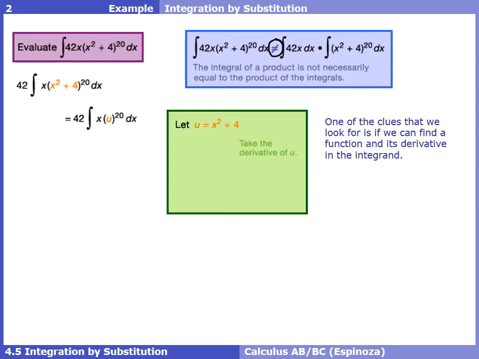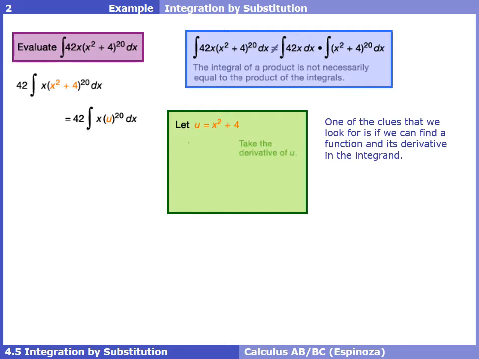So we have a dilemma. The dilemma is right now we're taking the derivative with respect to x, and we have x's and u's here, which is no good. We can only have that one letter that we're trying to integrate with respect to, and right now that's an x. So we're going to have to come over to our U box and take the derivative of U just like we did back in chapter 2.